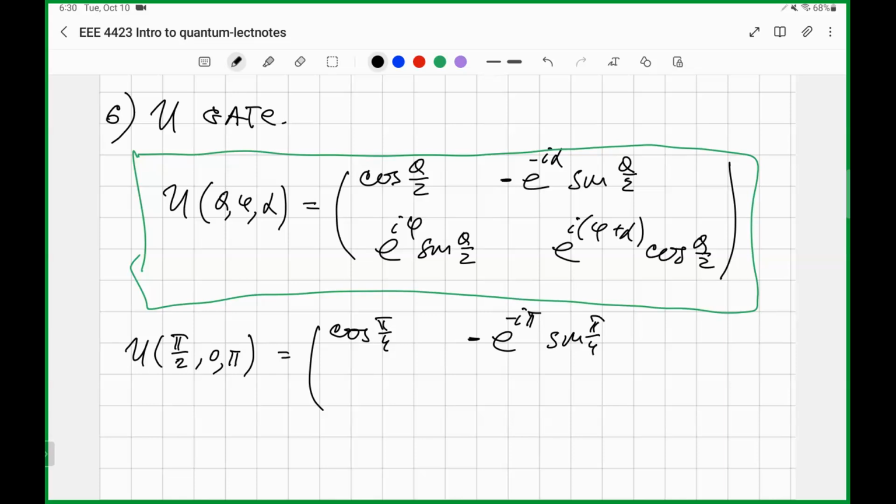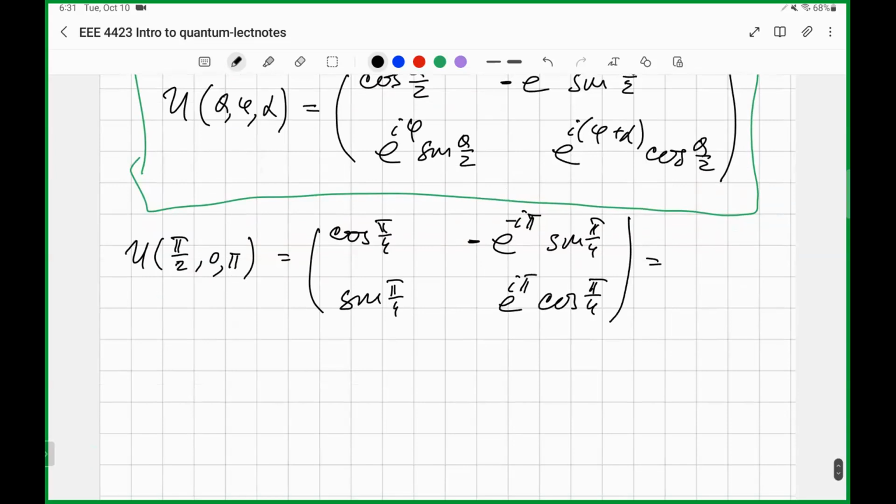Phi is equal to 0, so e to the power of i phi is equal to 1, sine pi over 4 here. And finally, alpha is equal to pi, so it's going to be e to the power of i pi cosine pi over 4. Cosine and sine of pi over 4 are equal to 1 over square root of 2.